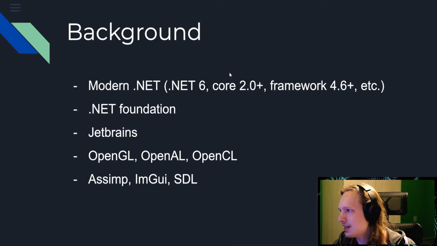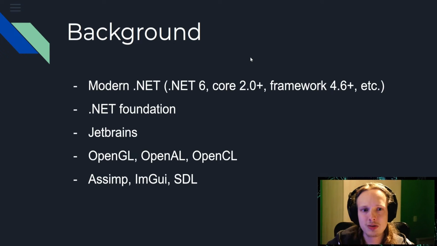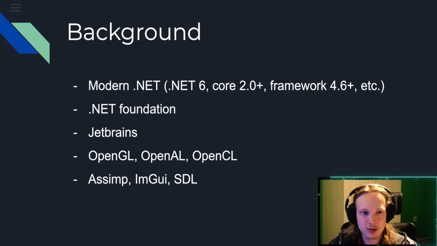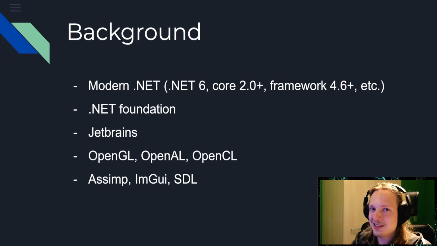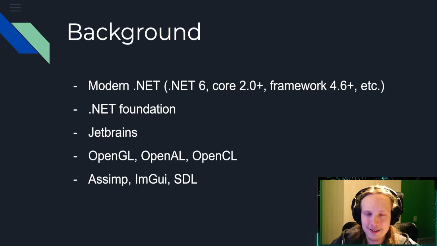Let's actually get into what it is. It is very much for modern .NET. It's kind of new, so it's for .NET 6, Core 2.0, Framework 4.6, etc., for Xamarin and stuff as well. It is made by the .NET Foundation, which makes it kind of official, really. OpenTK is just a community project.